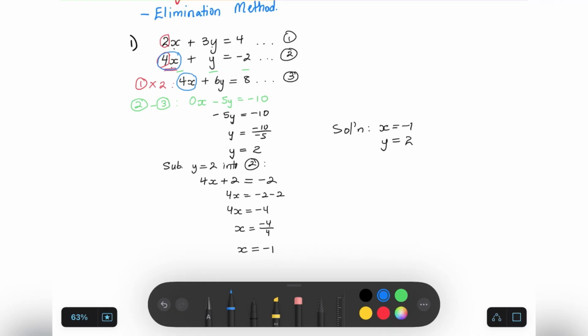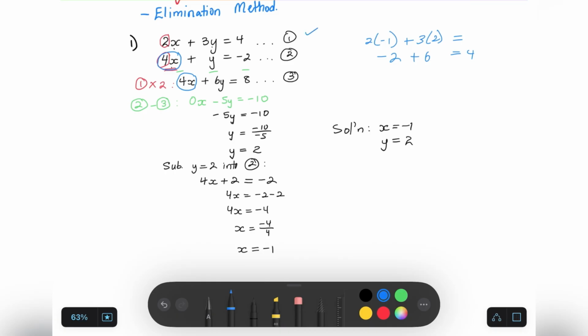So if x is negative 1, that means it'll be 2 by negative 1 plus y, which is 2, so 3 times 2. Let's see what that gives us. 2 by negative 1 is negative 2 plus 3 by 2, which is 6. So that's negative 2 plus 6, which is equal to 4. So it substitutes correctly into equation 1.